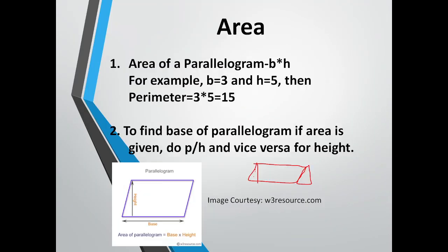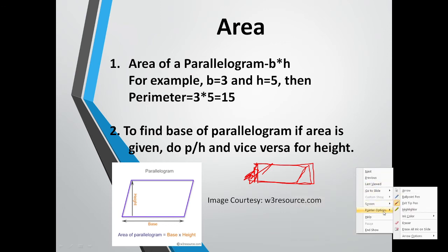I know it is a bit not clear, but just see. I cut this part, I don't need this part. If you can see closely, this is a rectangle, right? So actually a parallelogram can be broken into a rectangle. Isn't that fun? Isn't it amazing?